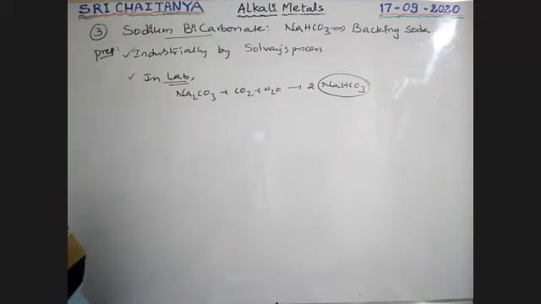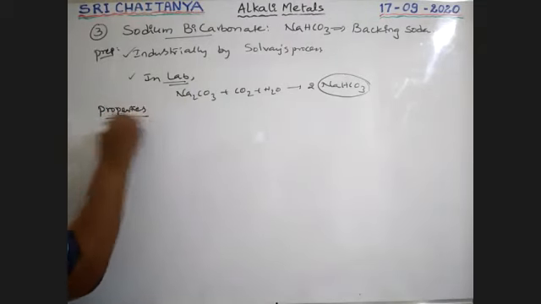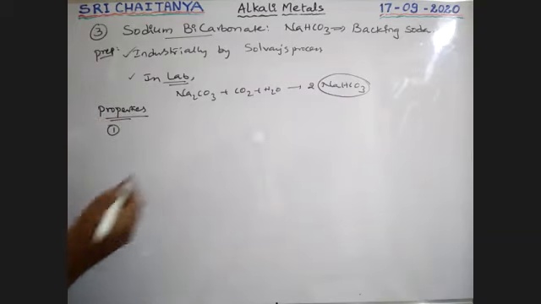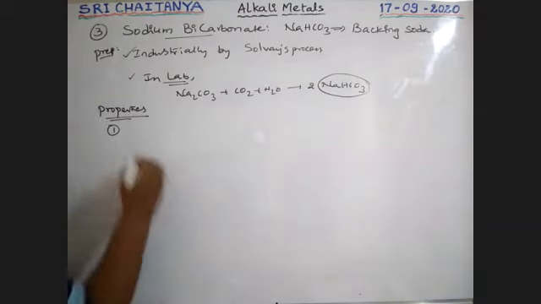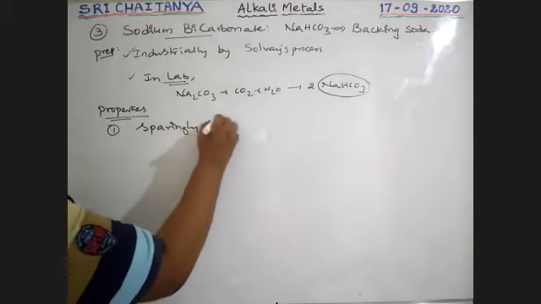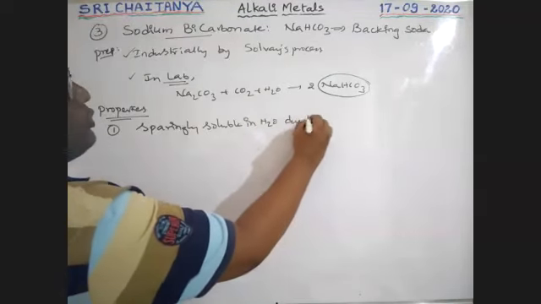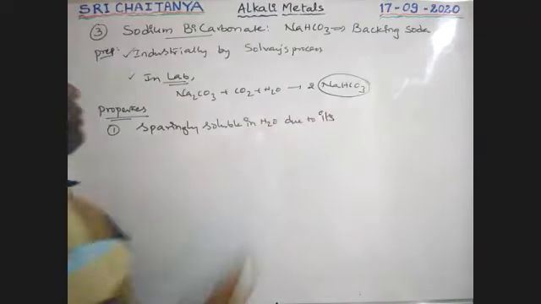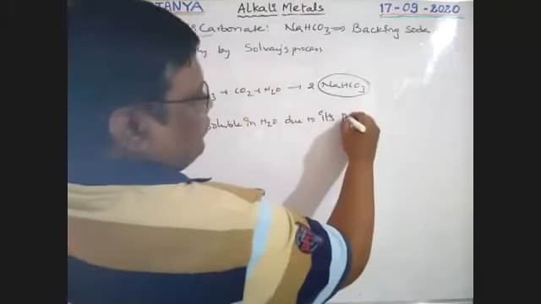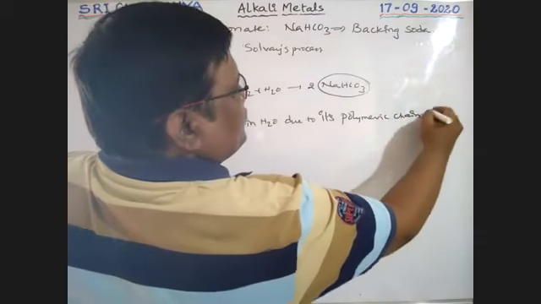Once again, what are the properties of this NaHCO3? First one, it is also a white solid, boys. It is sparingly soluble in water due to its polymeric chain structure.